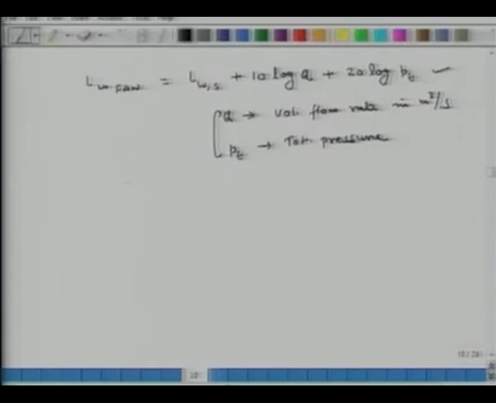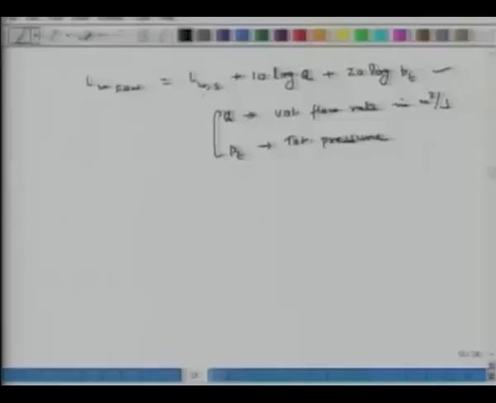First case is 85, right? If I have a fan which is axial backward curved over 0.75, then at 63 hertz it generates 85 decibels plus 10 log of Q plus 20 log of PT. Understood?